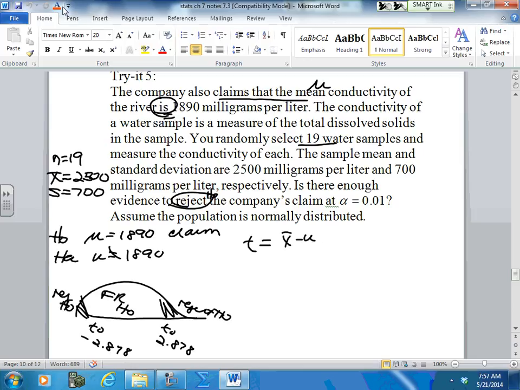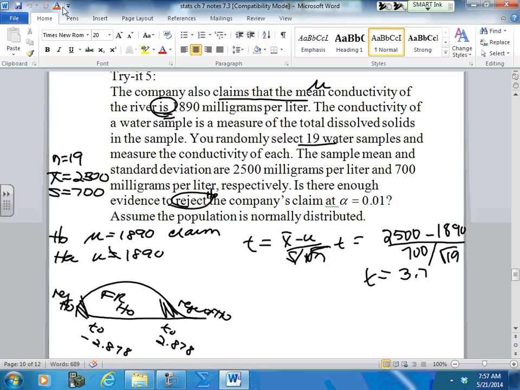We want to see where our information falls. So you have your square root of n, you have your sample mean, you have your population mean. It has to be positive because the sample mean is larger. Standard deviation. So what did we get for a t?